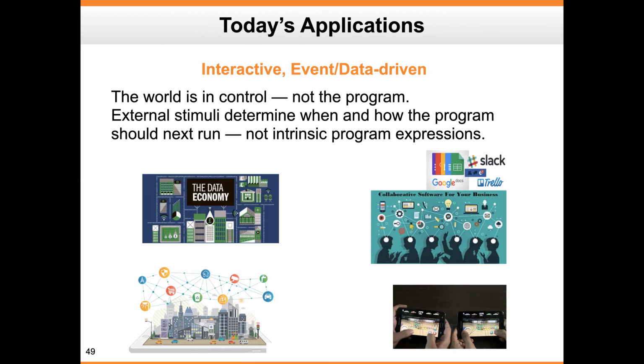There are all these social apps like messengers, chatting, there is gaming, collaborative gaming, there is the whole data economy. So very often computations in this kind of application space are driven not by the order of the instructions in the program, but by external stimuli. So the world is in control of the execution order and not the program.